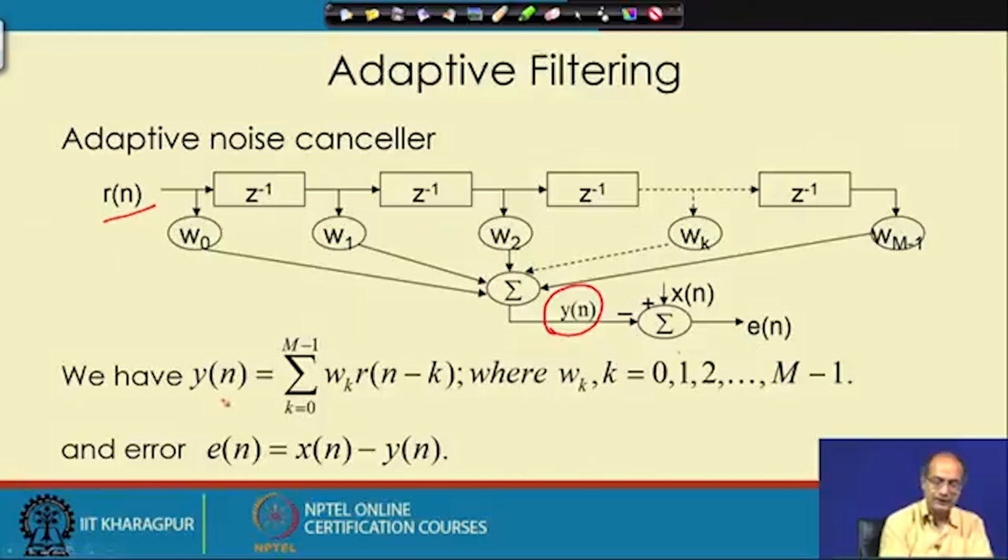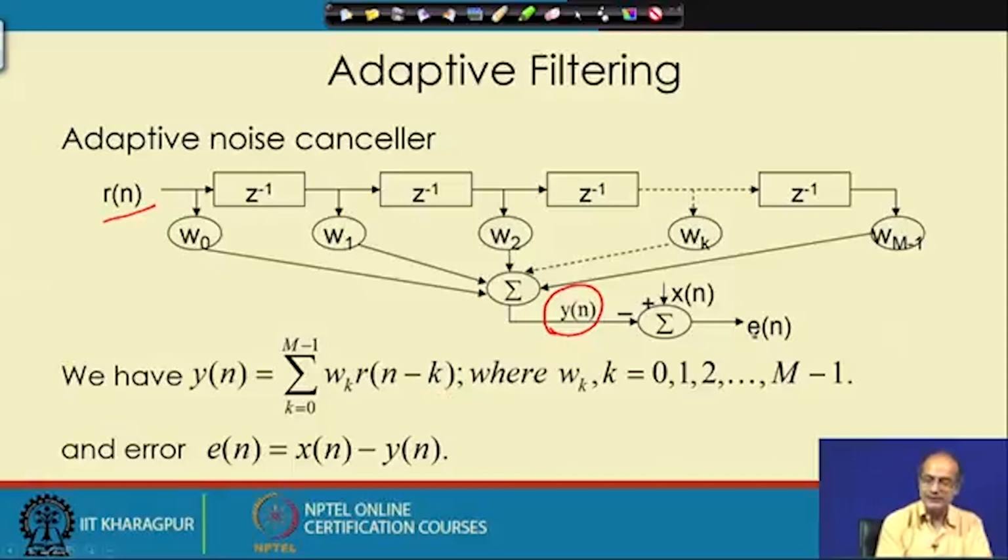So, here Yn is the sum of the present value of the reference as well as the past m minus 1 values of the reference, and Wk is the weight which, if it is properly tuned, can bring Yn close to the interfering additive signal or additive noise, we should say, that is Mn.